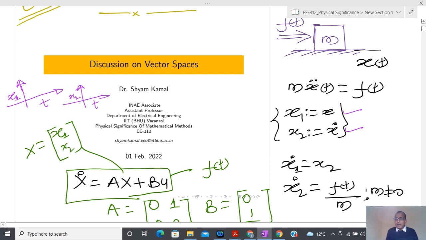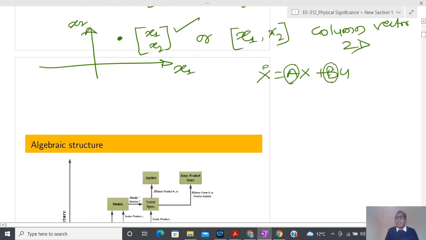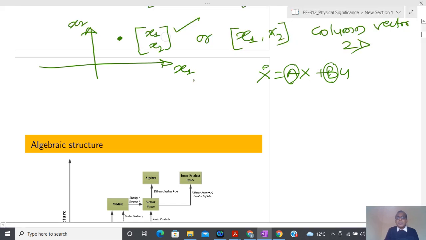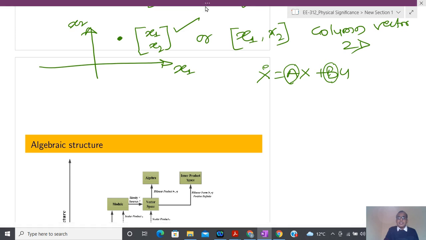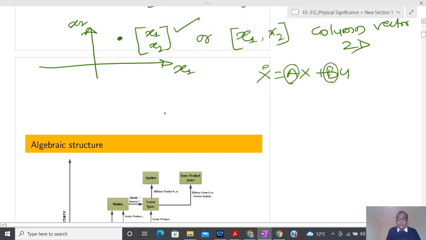Now, in place of this mechanical system, if I replace it by some kind of electrical system, and those kinds of examples you have already done during your electrical engineering course or some fundamental course, for those who are not from an electrical engineering background.